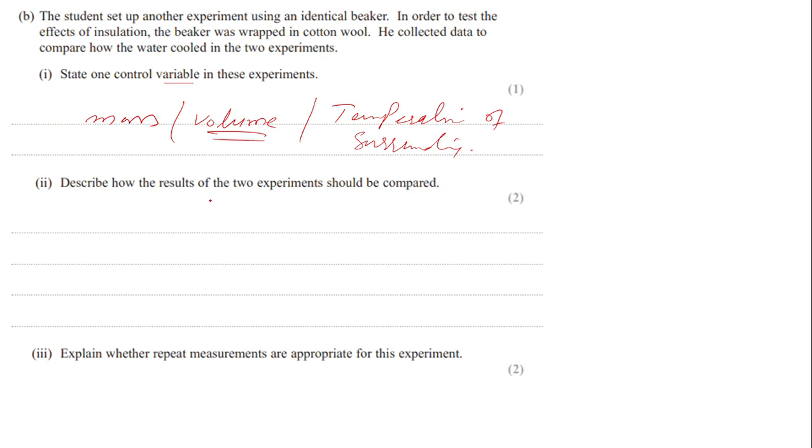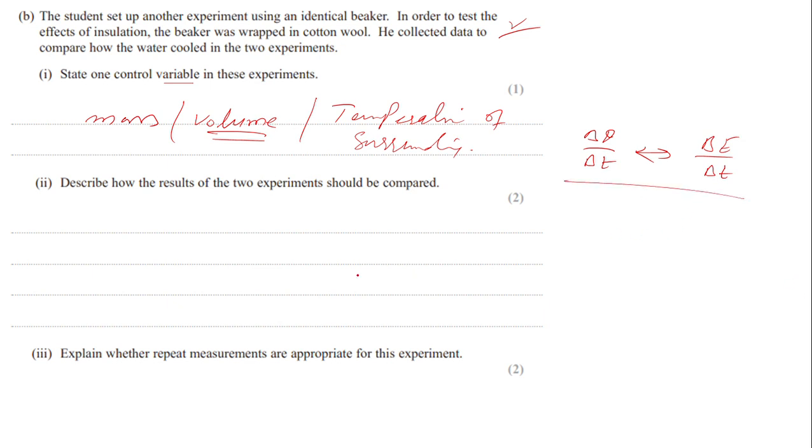Describe how results of these two experiments should be compared. Clearly we found energy transfer. So you can compare the change in temperature with time, delta theta with delta T, and compare it with delta E by delta T, how they are varying in two different experiments, with insulation and without insulation.